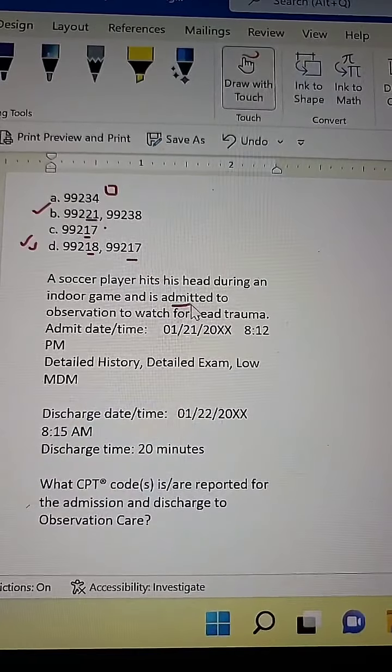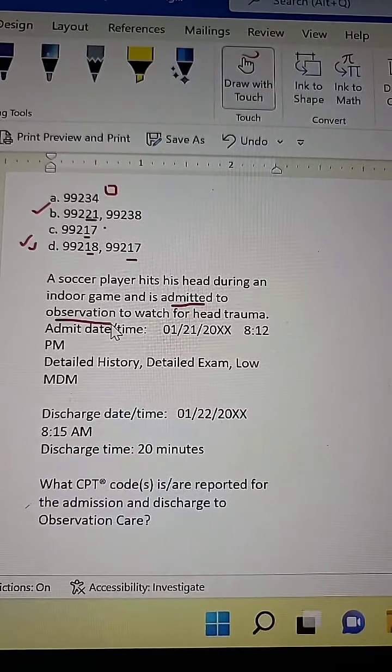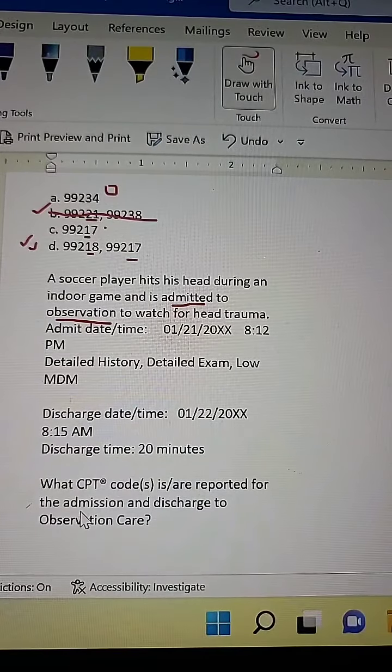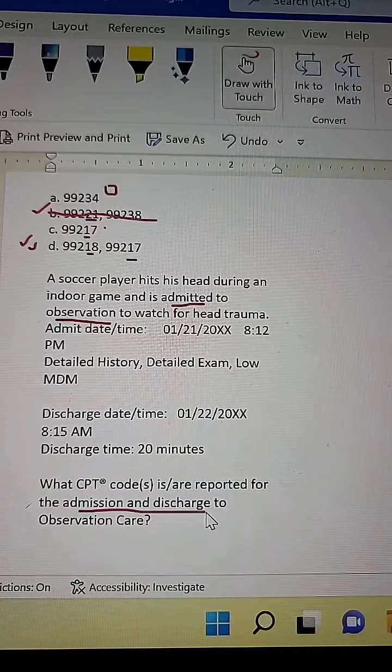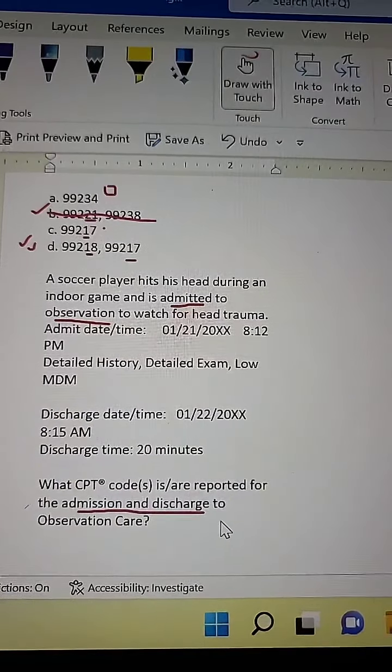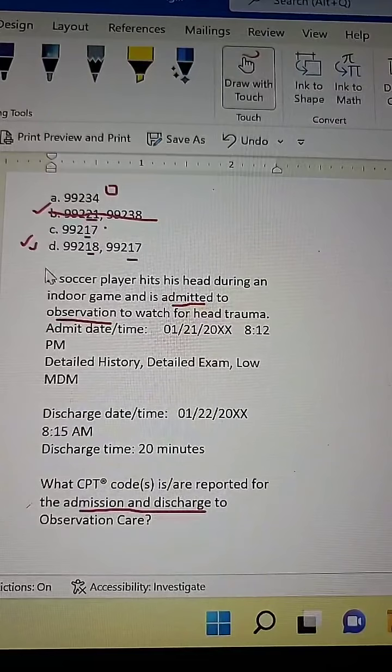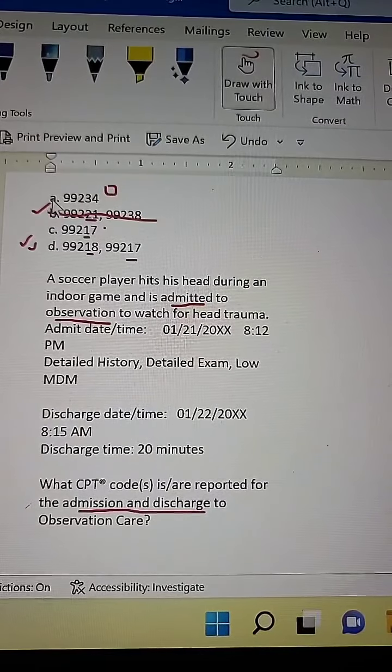So we've got the words admitted to observation. So we can get rid of admitted to the hospital one, at least. What do they want us to code? Down here at the bottom, they want us to code an admit and a discharge. So are we going to use our combo code, which is A?